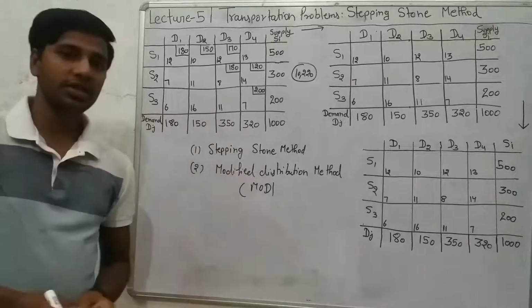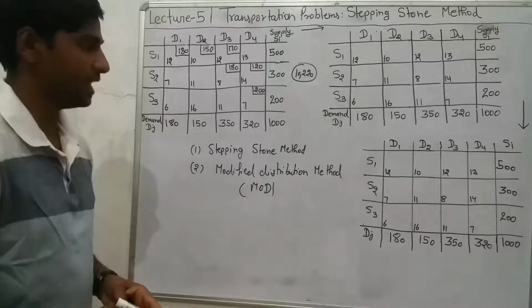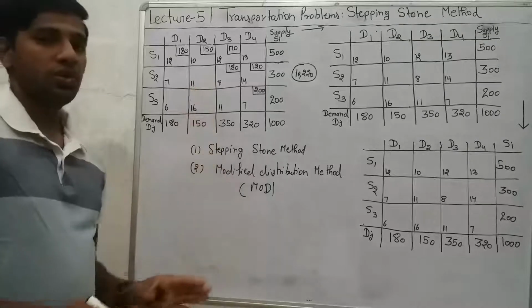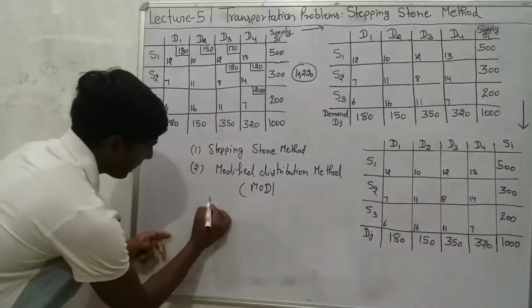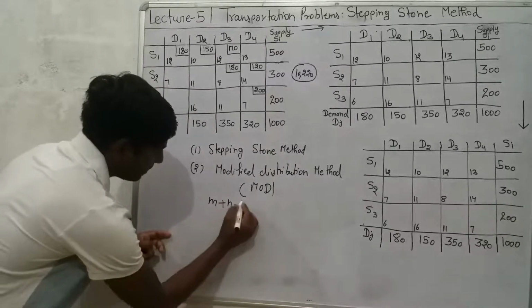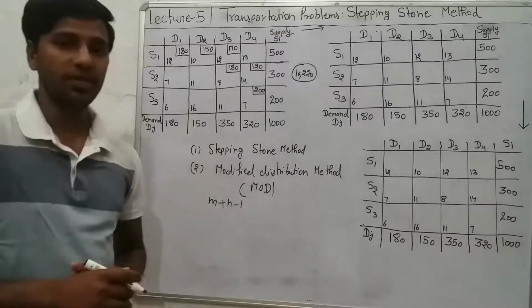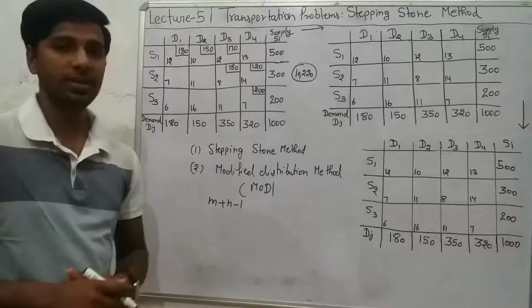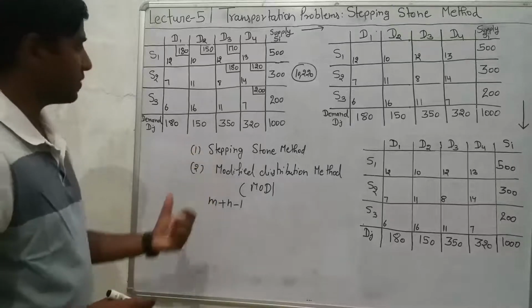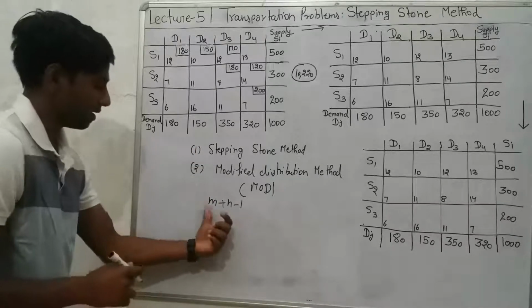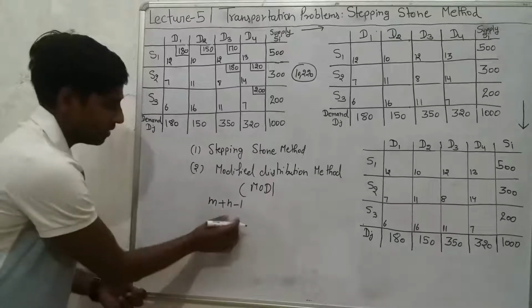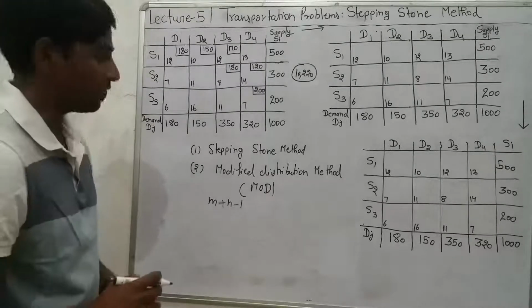The second condition of a basic feasible solution is that the solution should have m plus n minus 1 basic variables, or occupied cells. In this particular table, m denotes the number of rows and n denotes the number of columns.